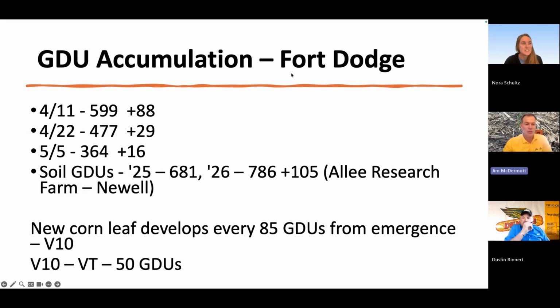As far as GDUs, no surprise, but we are running ahead, and mainly on the benefit of last week's heat, and not just the high temperatures during the day, but a lot of nighttime lows that stayed upper 60s, close to 70s. So that's really where we rack up those GDUs.